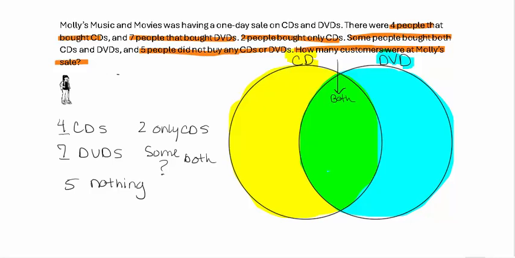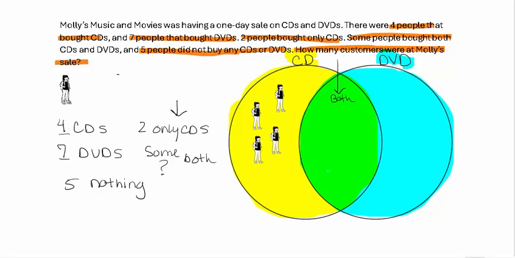So if we look at the first thing here, it says 4 people bought CDs. So if I grab 4 people and put them in the CDs, okay, I have 4 people in the CDs. All right, and now it says 2 bought only CDs.